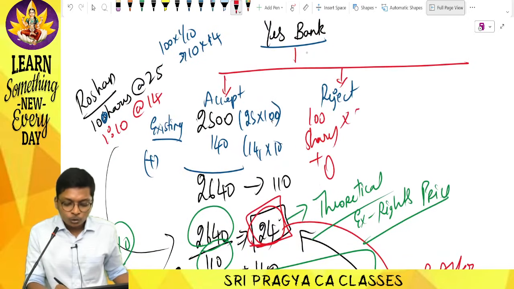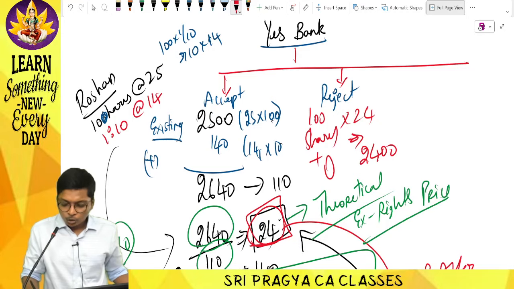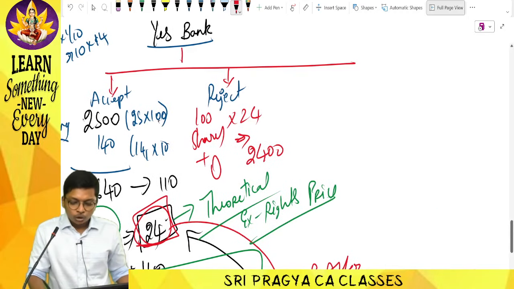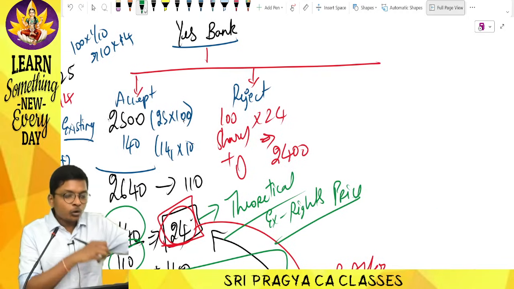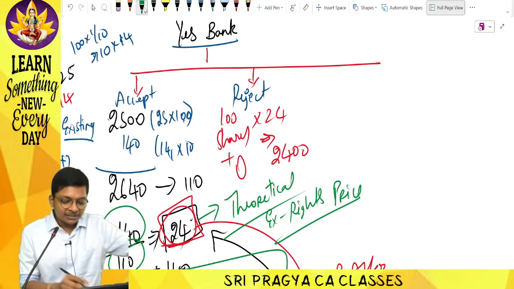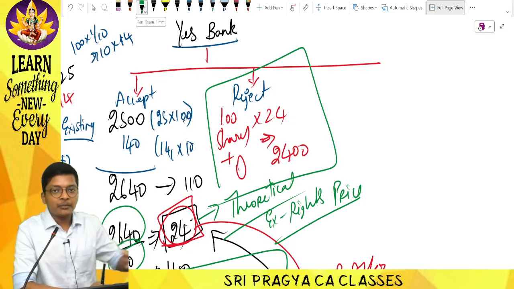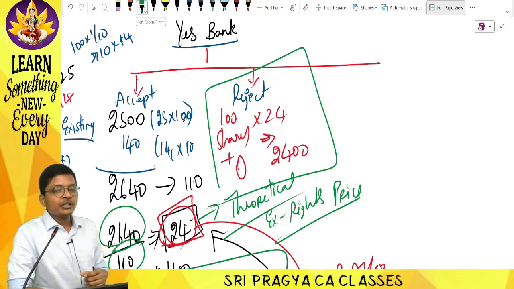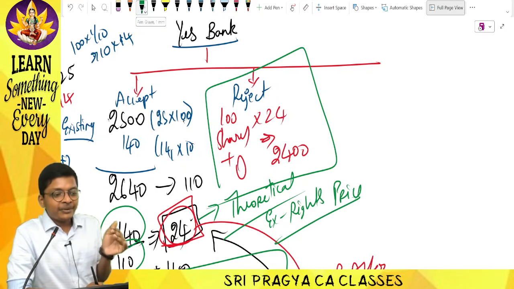So 100 into 24, your revised portfolio will now become 2400. So Roshan is of course unhappy. He's in Goa also. What is he going to do? None of our business. For us, our concern is that Roshan is unhappy because the share price fell from 25 to 24.